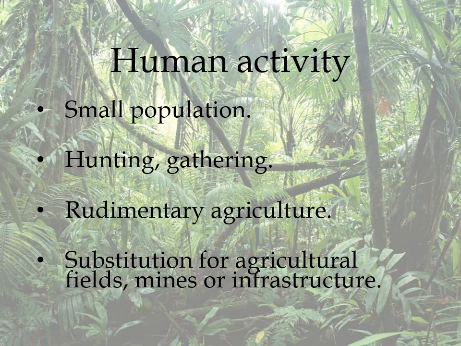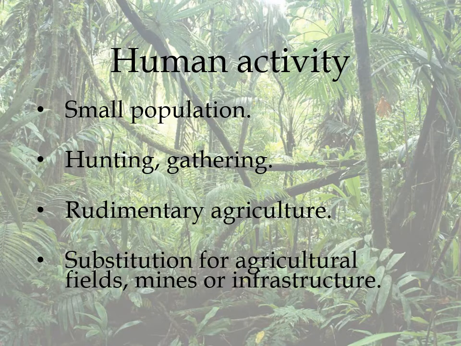So there is a very small population, very little amount of people normally dedicated to hunt and gather animals or plants in a lifestyle very similar to the one they had in prehistory.